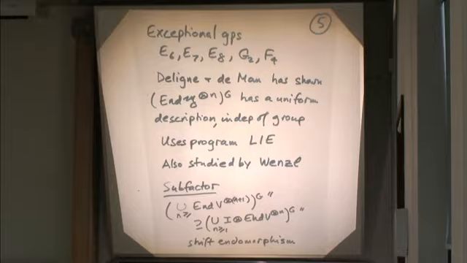And in 1996, or probably before, Deligne, and Deligne and de Man, Deligne first, discovered that there's a kind of uniform description of these invariants, these fixed point algebras, for the exceptional groups. It was a kind of experimental mathematics, but they discovered all sorts of remarkable things. So these behave very, very nicely.